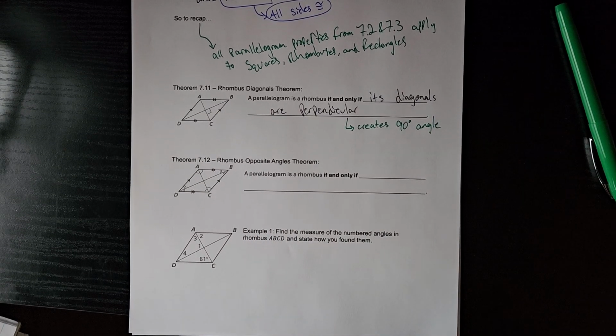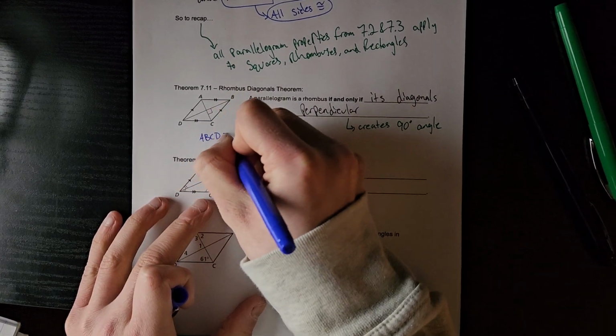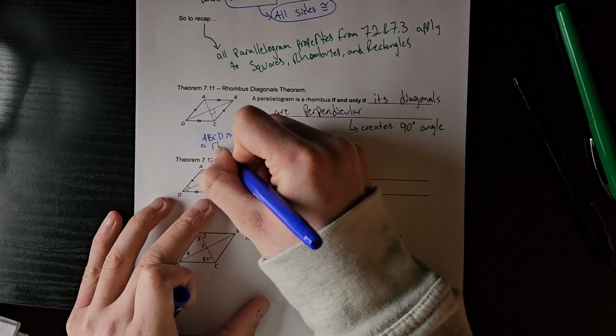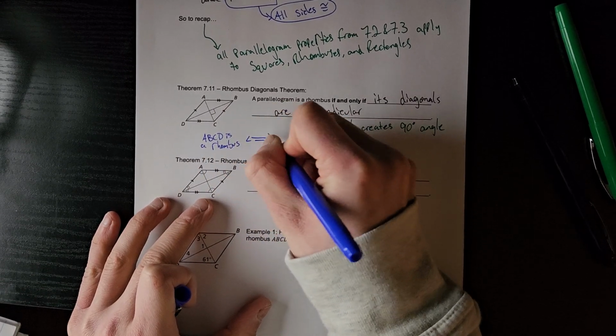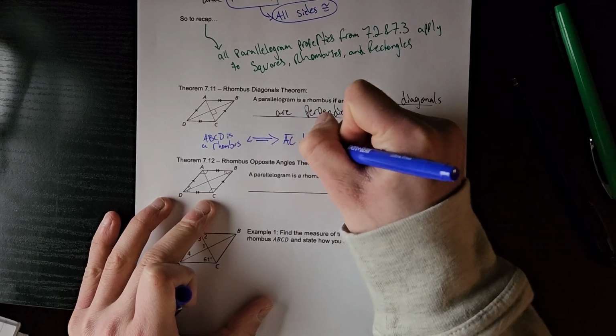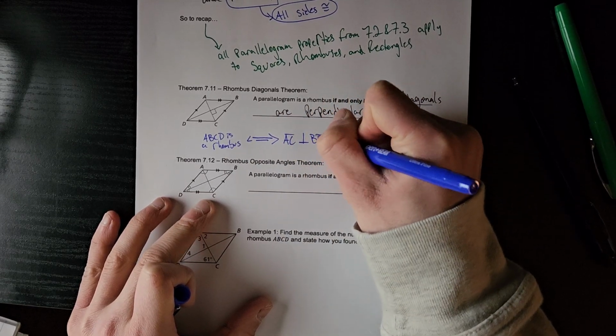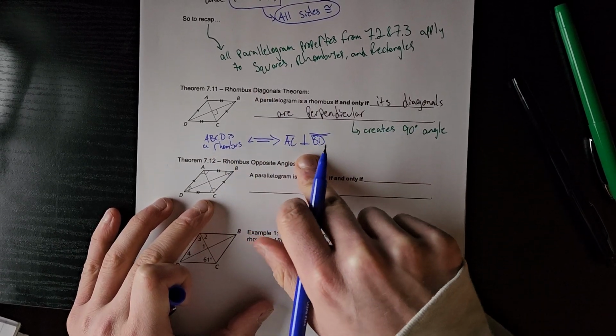So looking at our picture right here, we can say that ABCD is a rhombus if and only if segment AC is perpendicular to segment BD. Now this arrow going back and forth means if and only if.